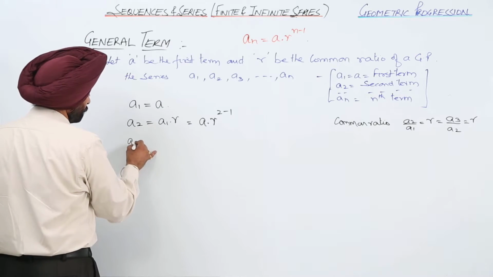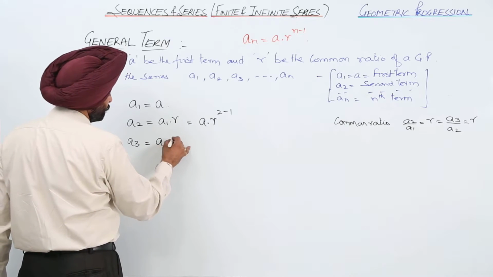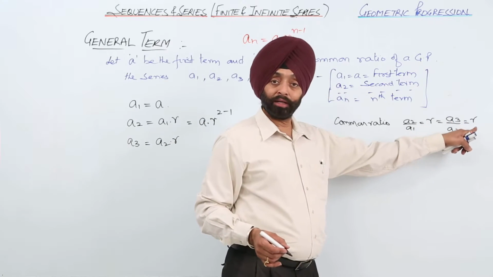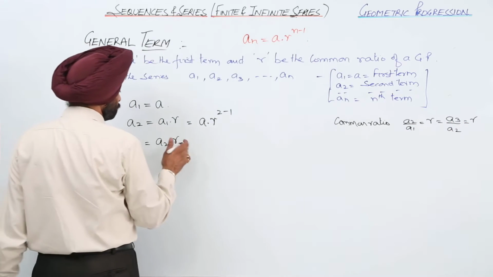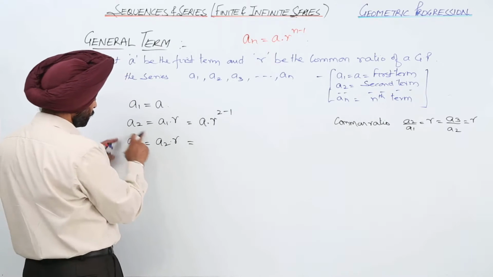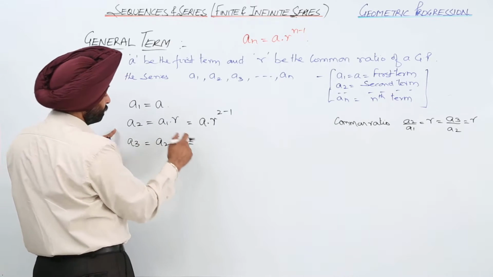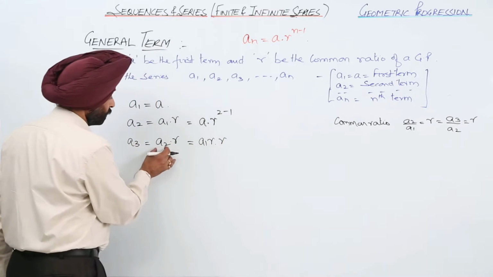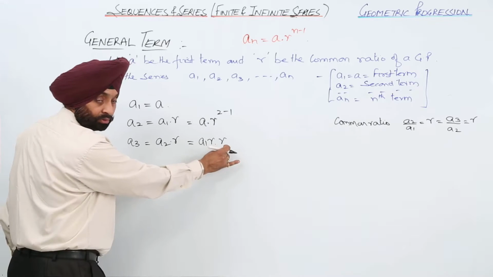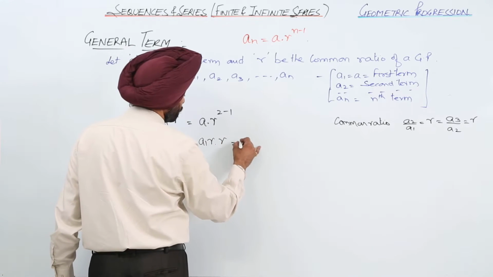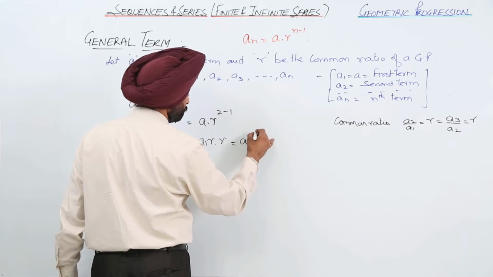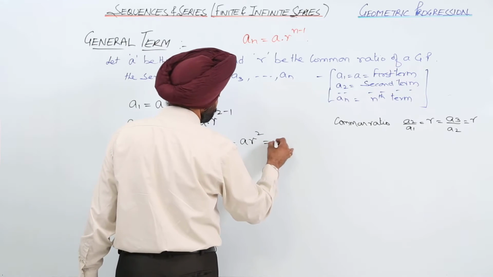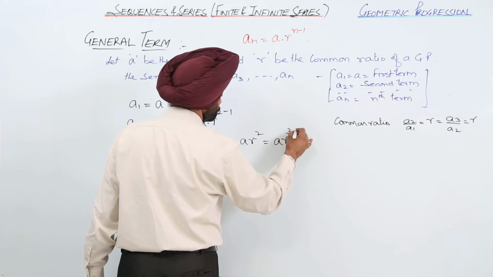Okay. A3. Now what can you write for A3? A3 is equal to R times A2. Now for A2 we have A1R. So it is A1R with R. A2 is this one, R is this one. Further, we can write this as AR square. Or we can write it as AR to the power 3 minus 1.